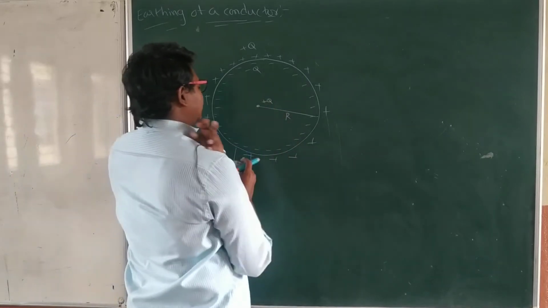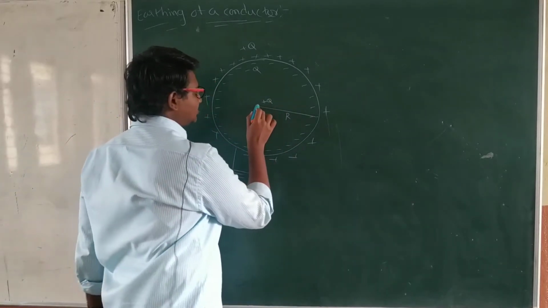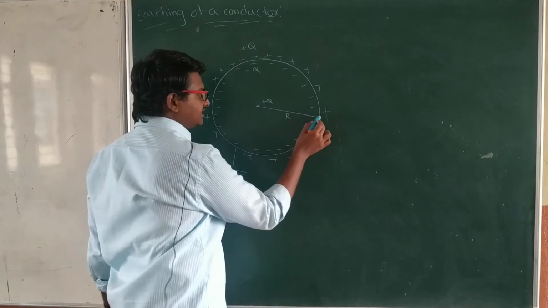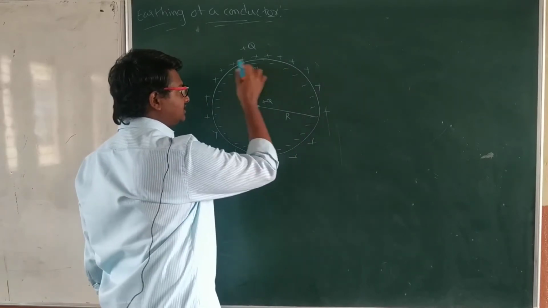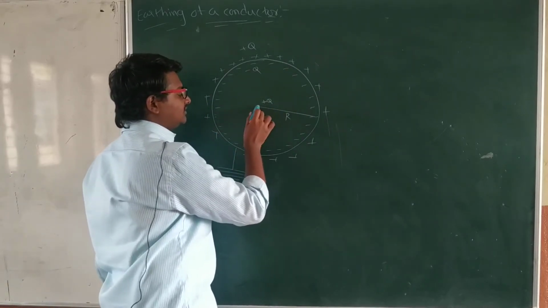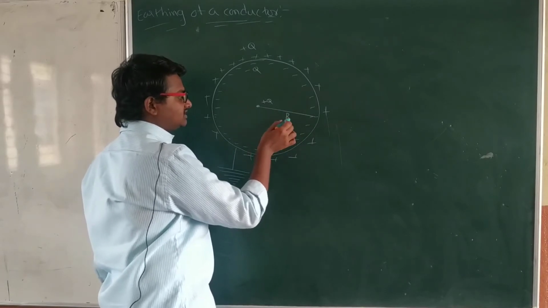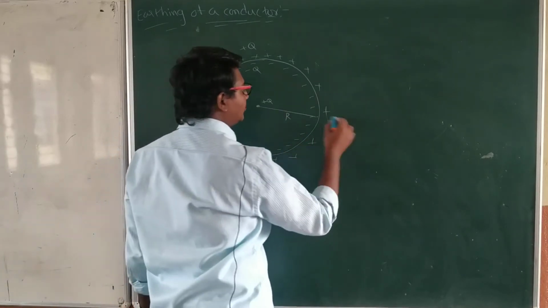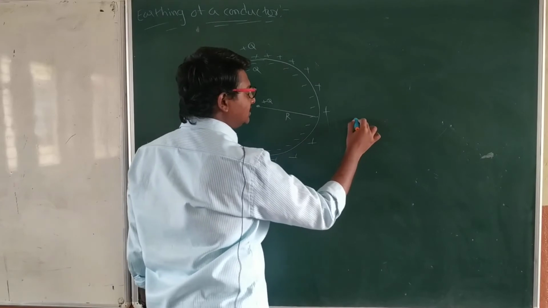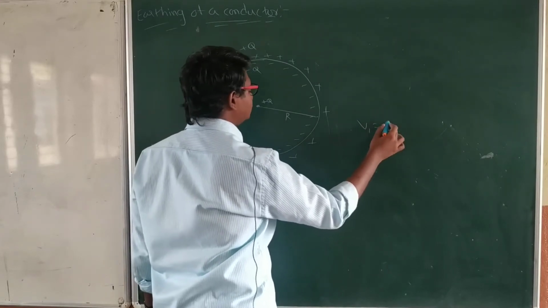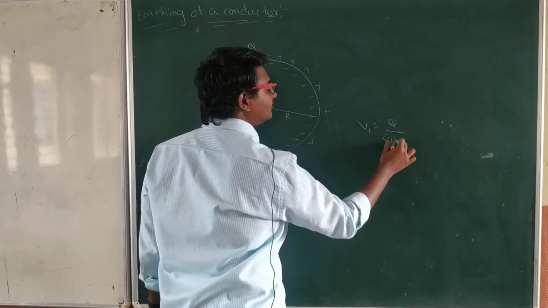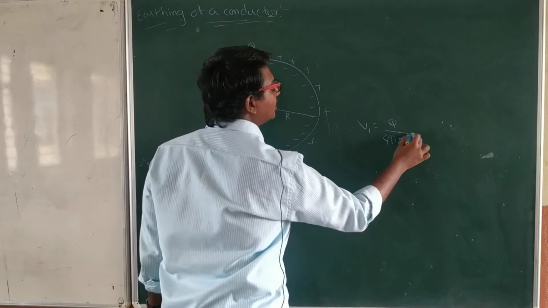Because of this charge, at all points which are equidistant from the center, and the distance is capital R, the potential due to this point charge is V1 equals q by 4 pi epsilon naught R, positive.